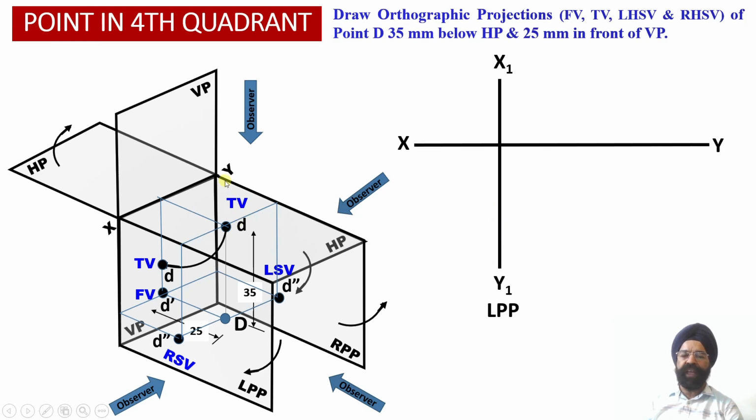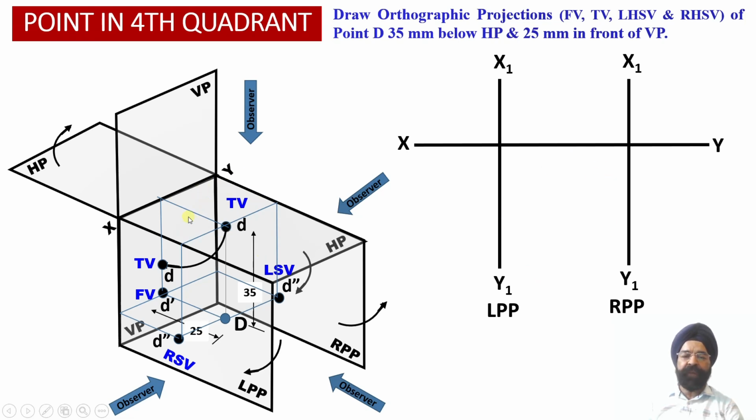Similarly, corresponding to the right profile plane, we need to obtain this hinge in the orthographic projection, so another X1 Y1 reference line has been obtained corresponding to the right profile plane.